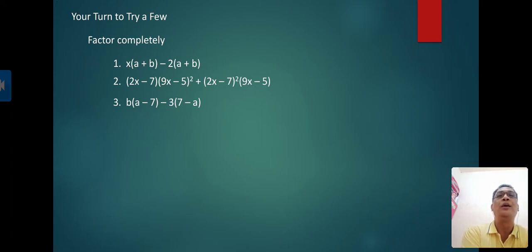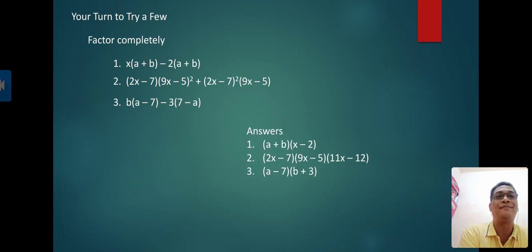Number 2: (2x - 7)(9x - 5)^2 + (2x - 7)^2(9x - 5). Number 3: b(a - 7) - 3(7 - a). You can pause this video and try to solve items 1 to 3. So here are the answers. Okay, it's my turn. Let us try to have the solution.